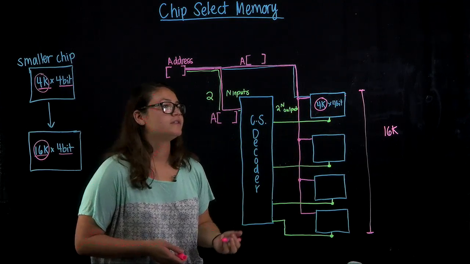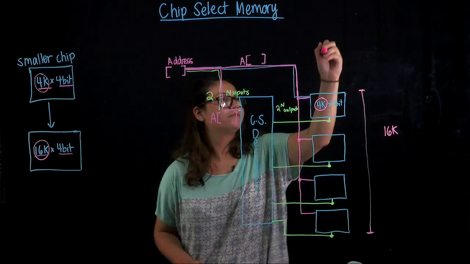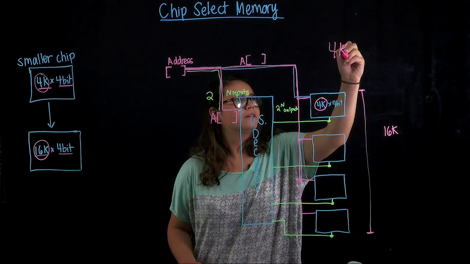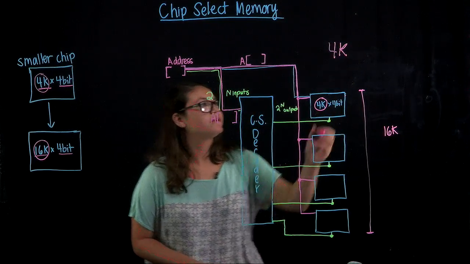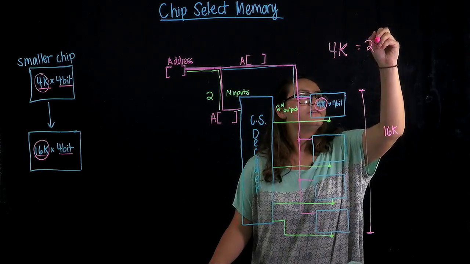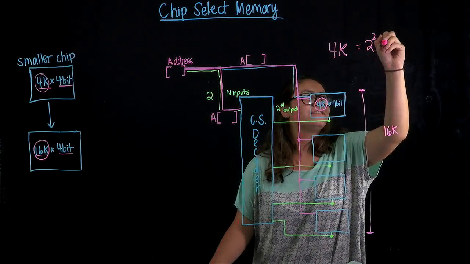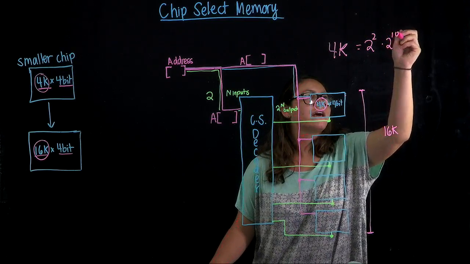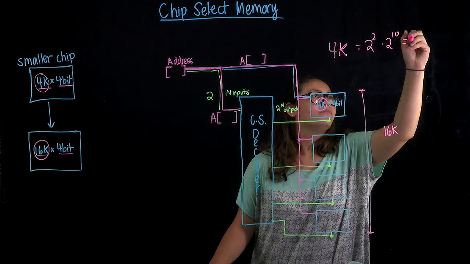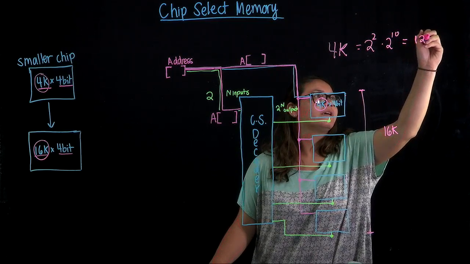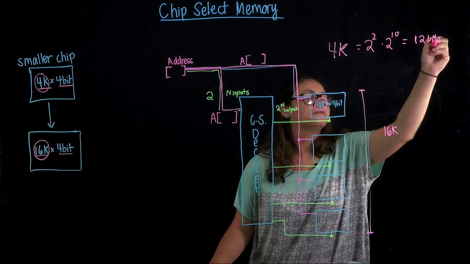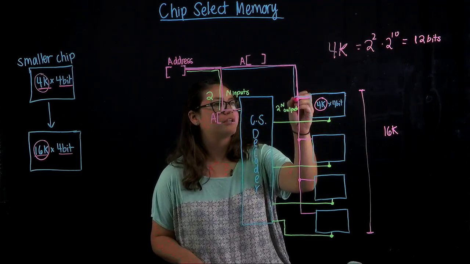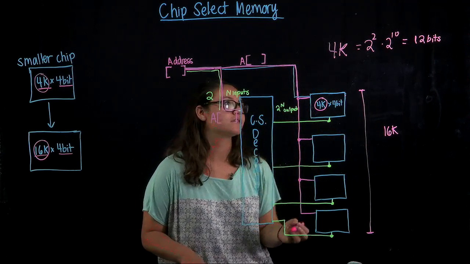So if we have 4K locations, we would need 2 to the 2 times 2 to the 10, so 12 bits to differentiate between 4K locations.